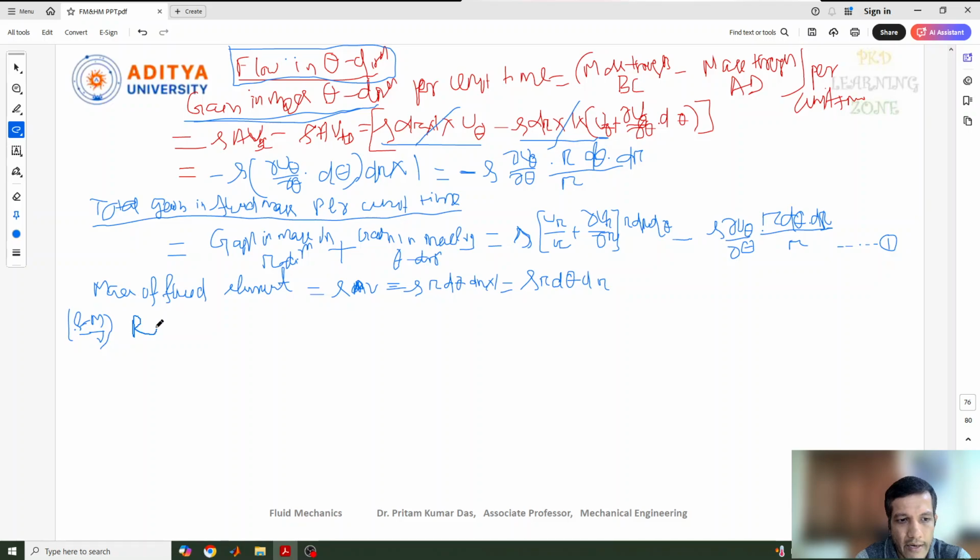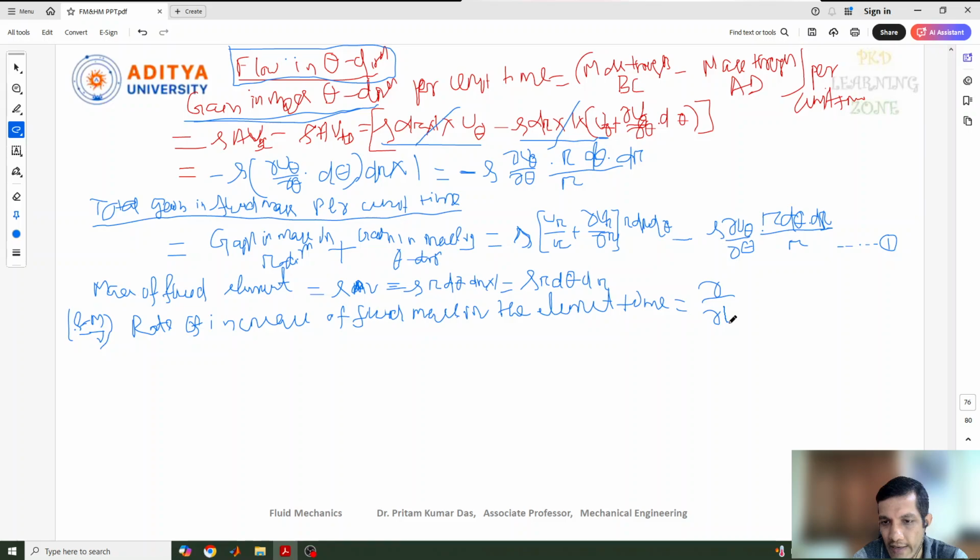Next, write down the rate of increase of fluid mass in the fluid element with respect to time. We just differentiate this value, that is del with respect to del t of rho r d theta dr. This is the rate of increase of fluid mass in the element per unit time.